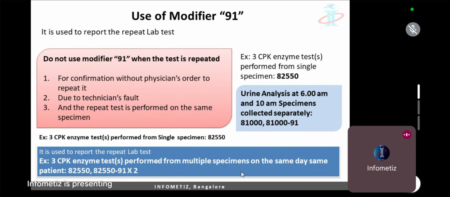You got this point? First one, it should be ordered by doctor. Second, it should not be technician's fault. Third one, it should be separate sample. Then only you can consider for 91 modifier.